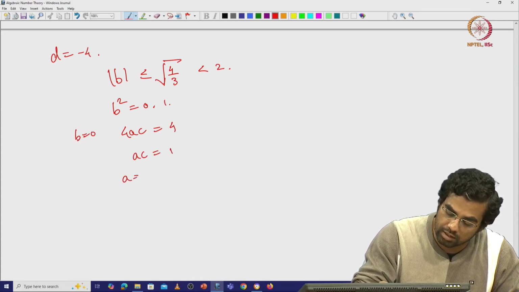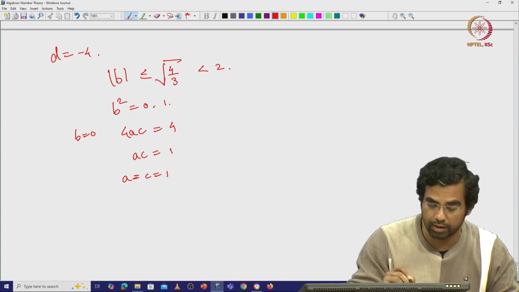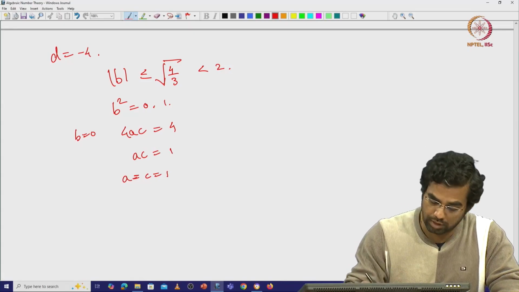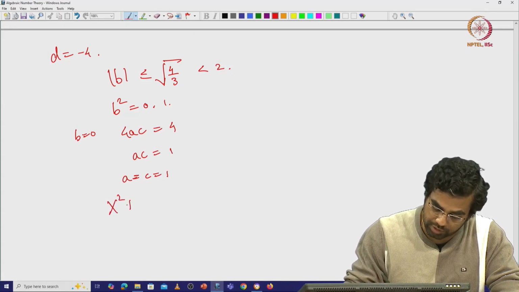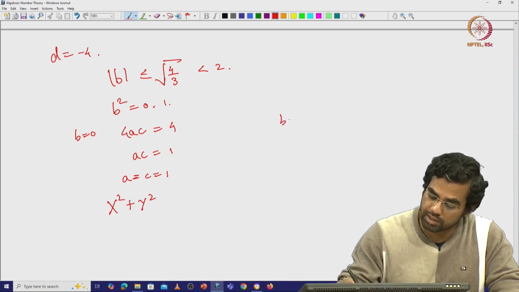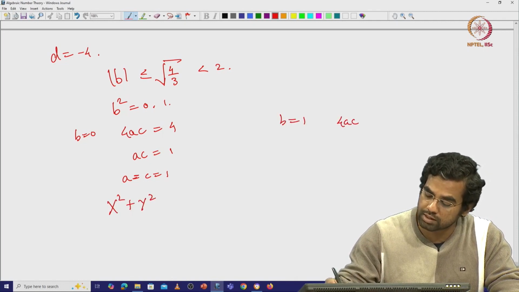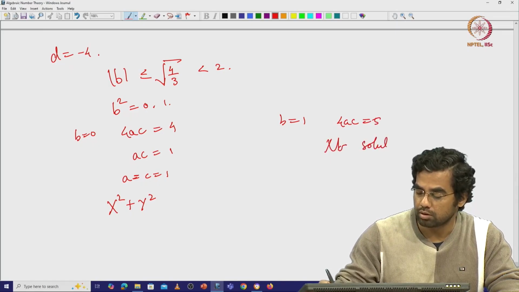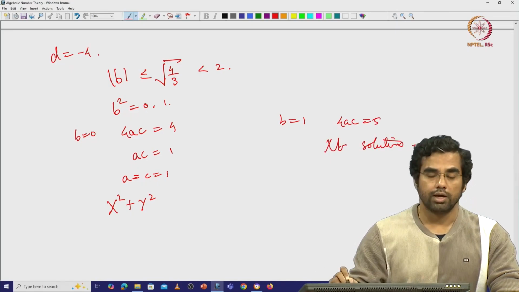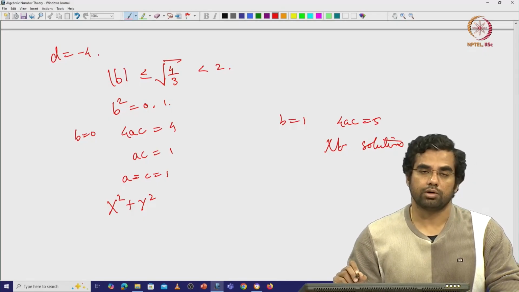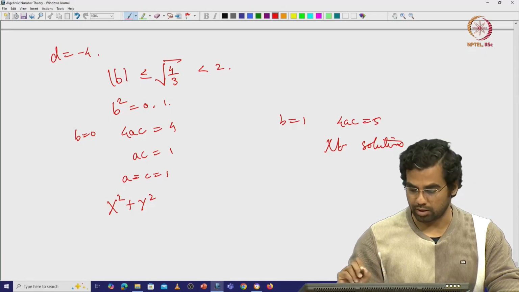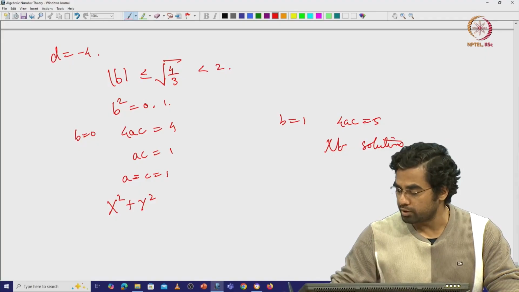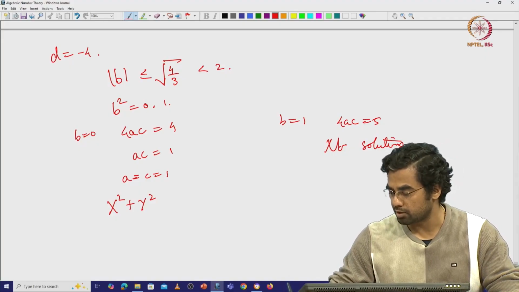So, a is equal to c is equal to 1, and so there is x squared plus y squared. But when b is equal to 1, 4ac is equal to 5, and this has no solutions. So, again there is precisely one reduced binary quadratic form of discriminant minus 4.